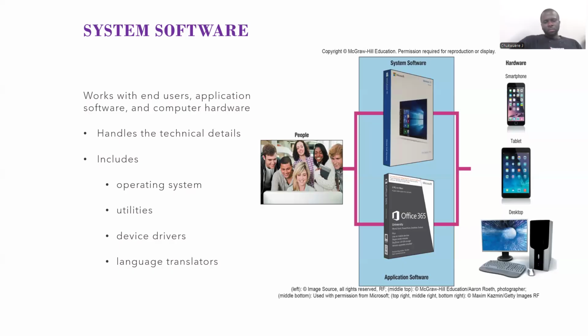System software includes your operating system, utilities, language translators, device drivers, and many others. As you can see here, system software is a component that combines these parts, with you and me as the end users of the computer.